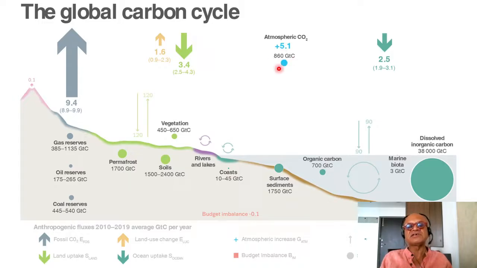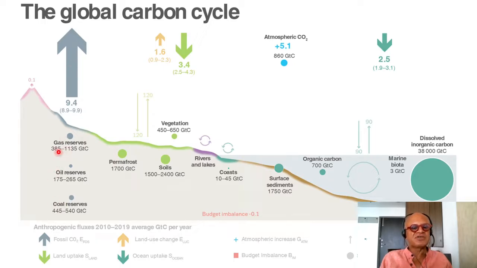This is at 860 gigaton carbon, with a flux of plus 5.1 gigaton carbon per year. There is uptake, there are exchanges that I mentioned, there are reservoirs that are big, small, average, and there are time scales. So this is the anthropogenic flux here.